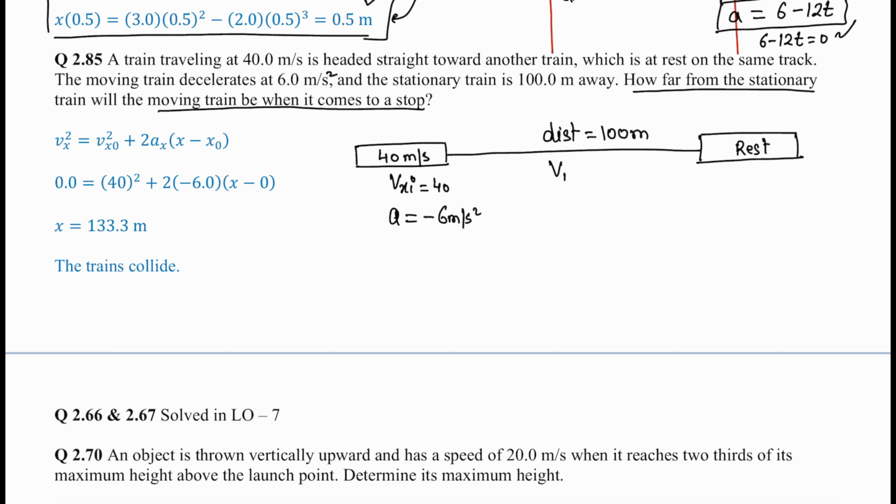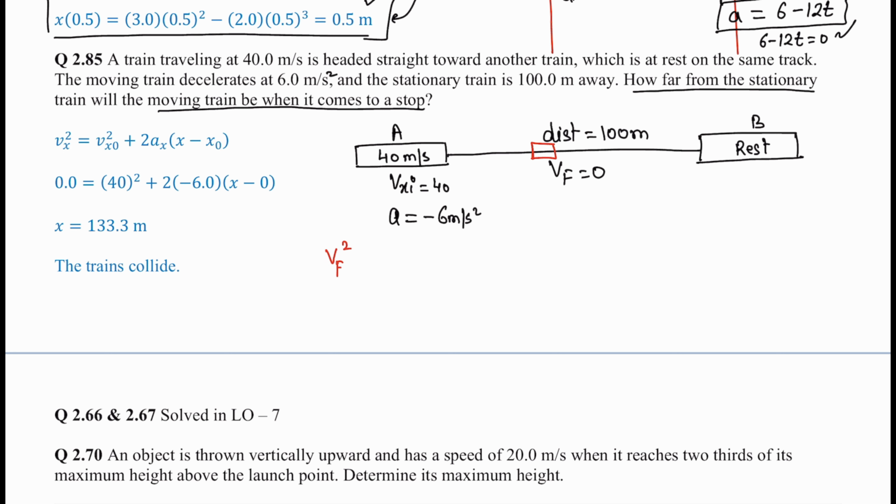Okay, v final velocity is 0. So what we are looking for, we need to check where train A, let's say this is train B, where it will stop. Either it is going to hit or it will stop before. So we need to find the final distance. Okay, just apply the rule.